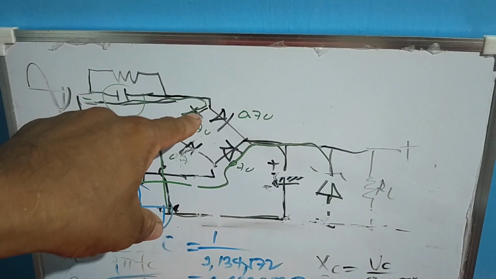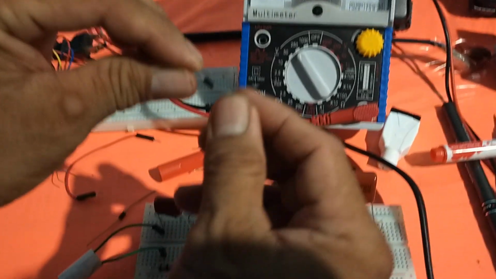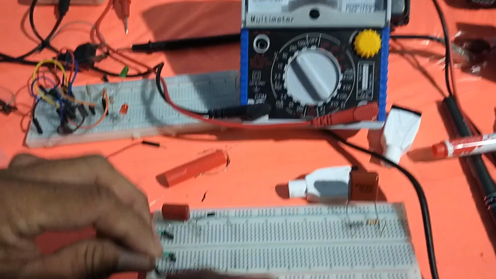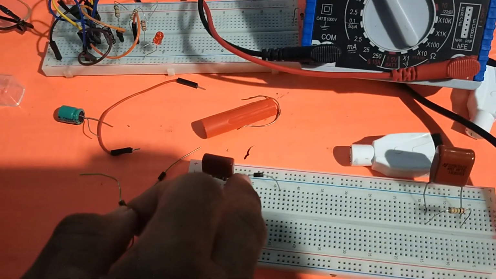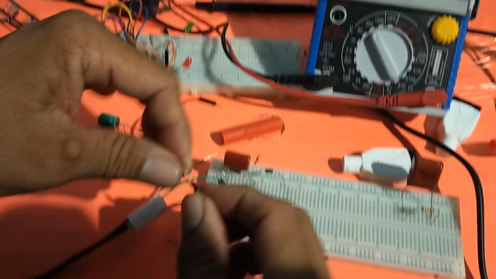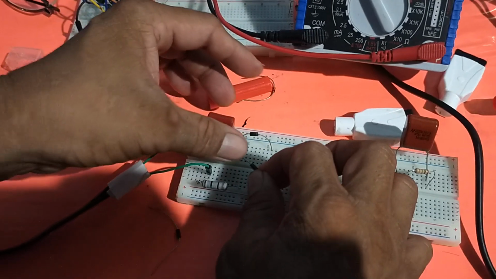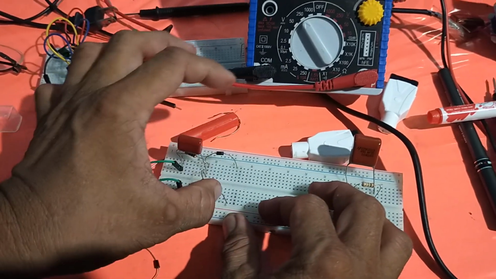This one here, the cathode again is connected together with the anode here. So, we have here the anode, the cathode. Anode is here, the cathode is this one. Then the cathode is over here.